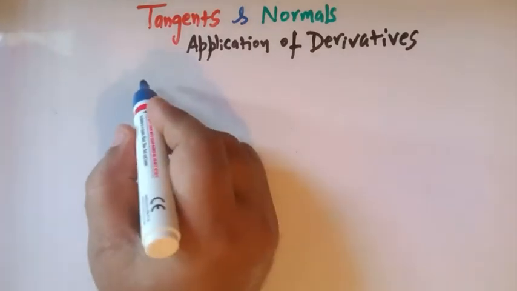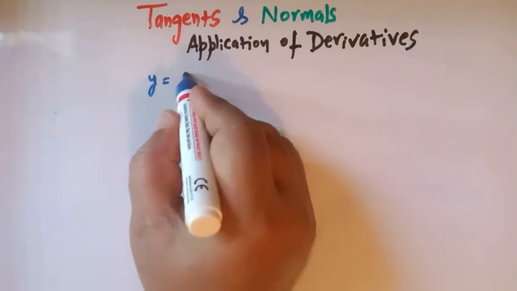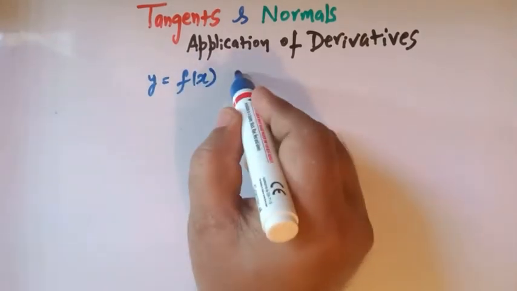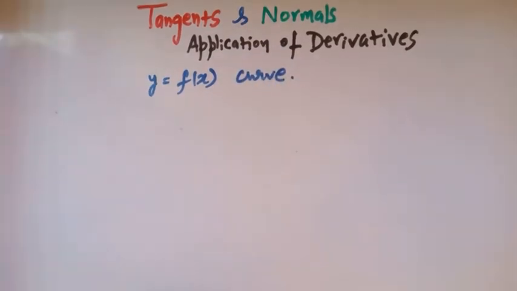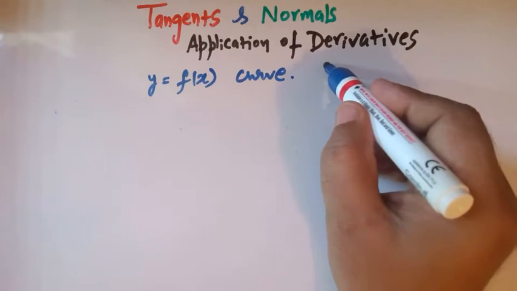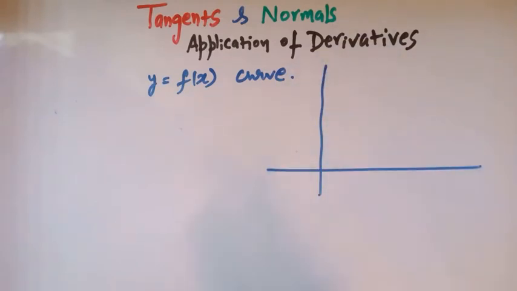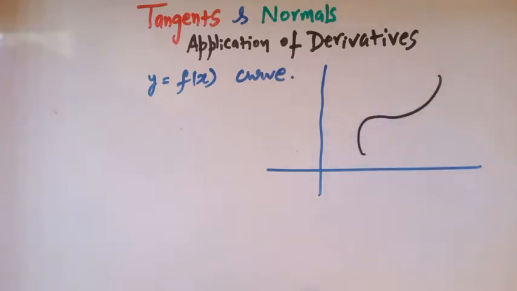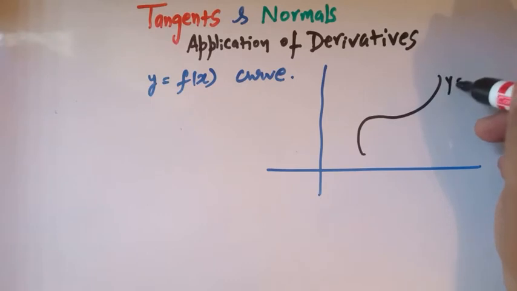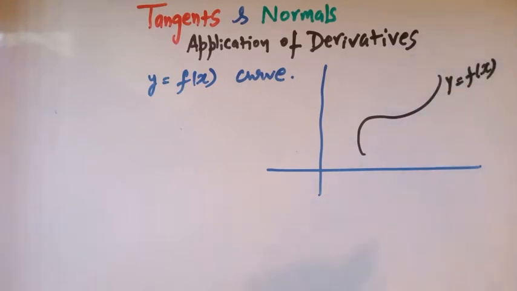Suppose y is equal to f(x) be the equation of a curve. Clear? Now suppose the curve is like this. Suppose this is the curve, and this is y is equal to f(x).